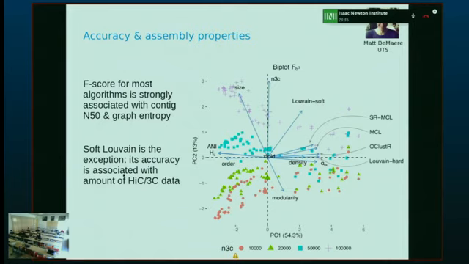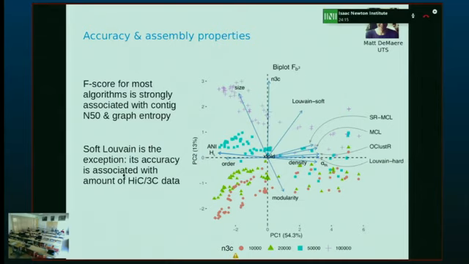Right. So to try to get a little bit more insight into this, we calculated the F score, which is, of course, just the harmonic mean of precision and recall. And we did some multidimensional scaling, or PCA, on this. And we took basically all of the scores for all of the different algorithms across all of the different simulation configurations, and did this dimensionality reduction and asked essentially what factors were influencing or correlated with the accuracy.